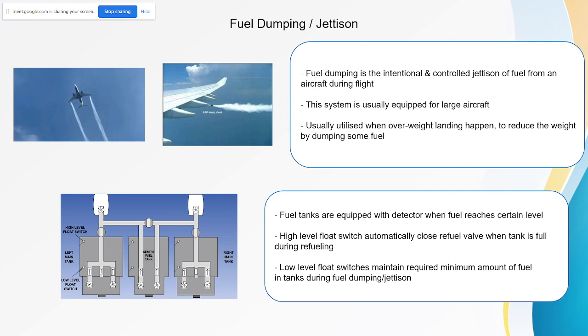The only thing you can dump is the fuel. That's why we dump the fuel. And you also have to go to the designated area and dump it. You cannot dump anywhere. There's a very strict regulation on this.